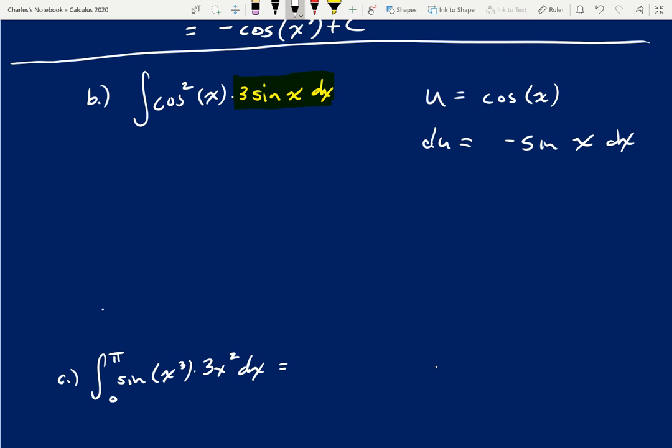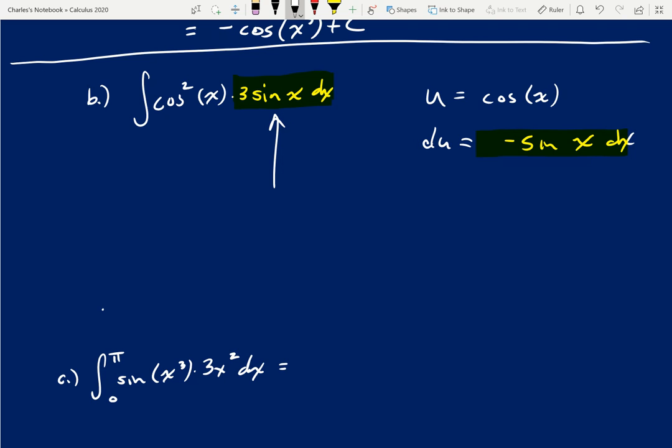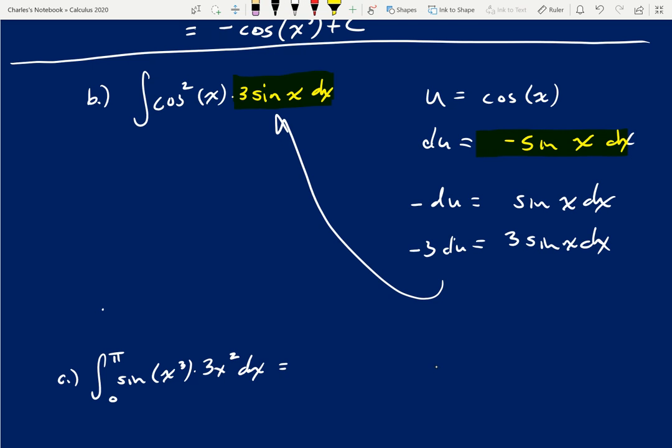I want to get this side of the equation to look exactly like this part right here. First I need to get the negative there. So negative du is equal to sine of x dx. And then I'm going to multiply everything by 3. So negative 3 du is equal to 3 sine x dx. And now I can substitute in negative 3 du for that.